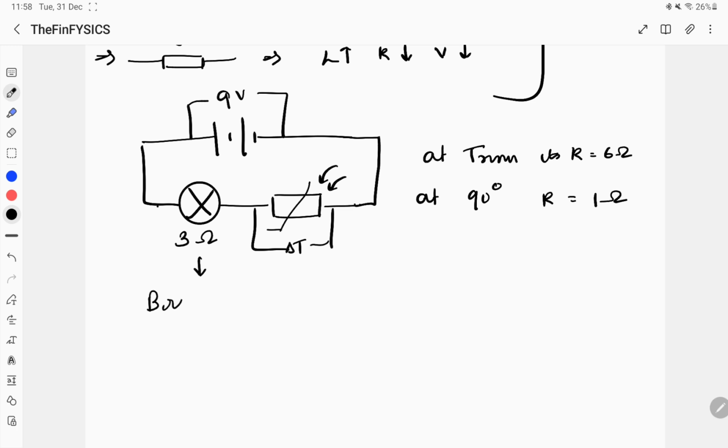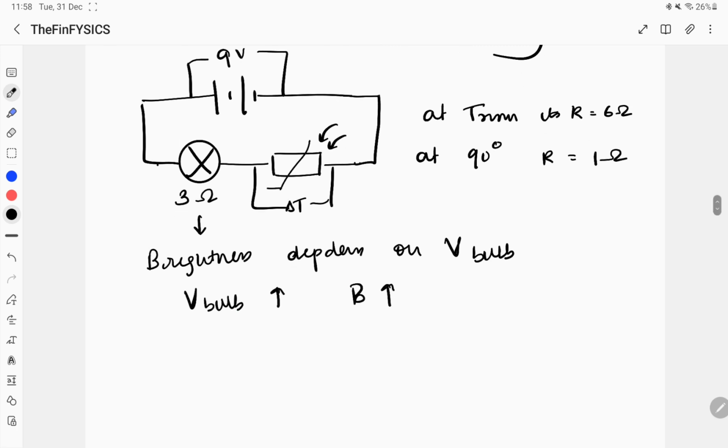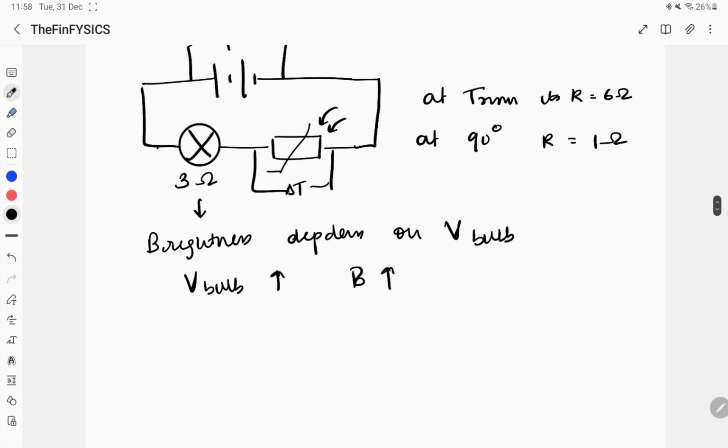My brightness depends on the voltage across the bulb. If your voltage across the bulb is increasing, its brightness will increase. This brightness does not depend upon current, it depends upon voltage, because brightness is basically light energy and voltage is related to energy. You're understanding this?